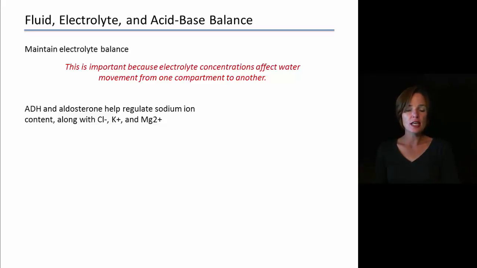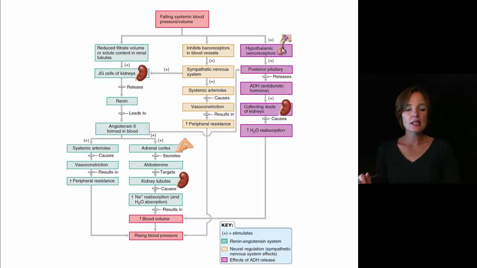There are hormones such as ADH and aldosterone that are going to help regulate sodium ion content, and besides sodium ions, which would be Na+, they're also going to be regulating things like chlorine ions, potassium ions, and then also magnesium ions. We can see on this picture right here, when we're talking about blood pressure, there is some sodium being shown right here. So we do certainly have the electrolyte concentrations being regulated right along with the different activities that are regulating the water balance of the blood.